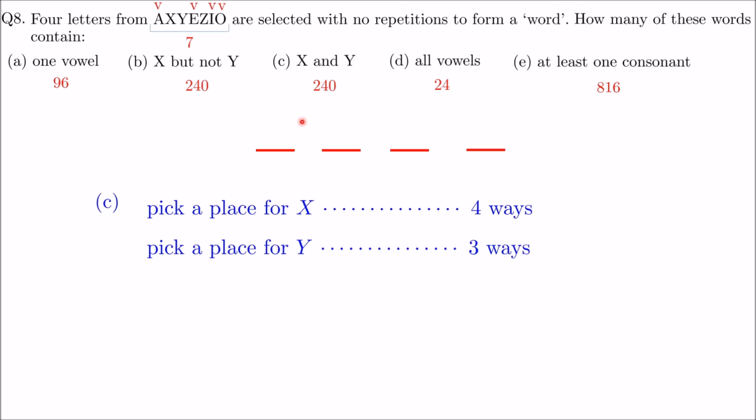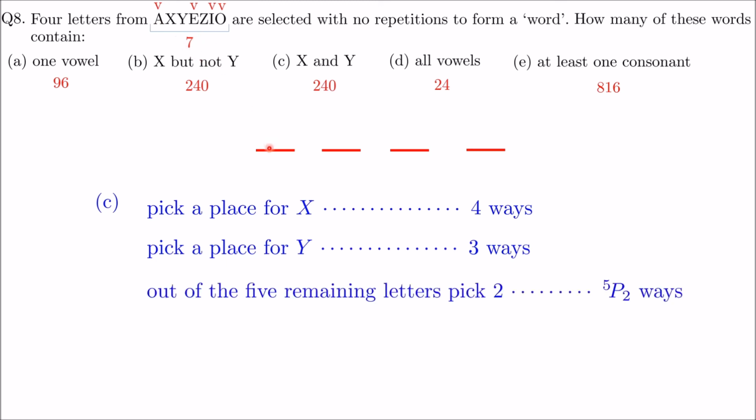Now you have 2 more slots to fulfill, right? Out of your 7 letters, you used up 2, and there are 5 remaining ones that you can pick from. To allocate and fulfill that, you have 5P2 ways of doing so. Okay, and multiplying that together, 240.